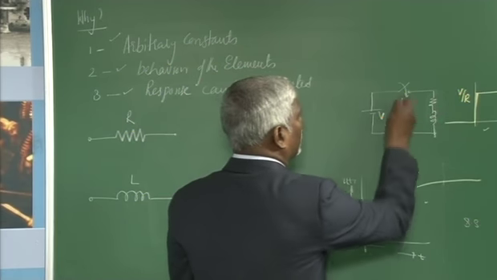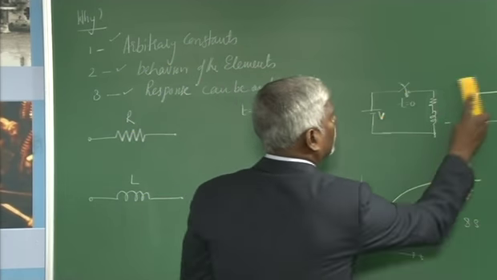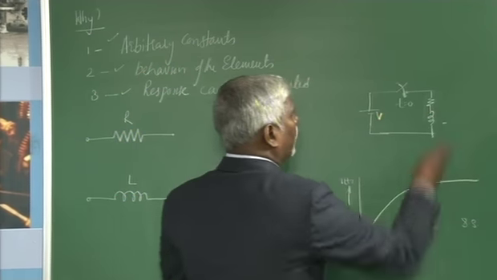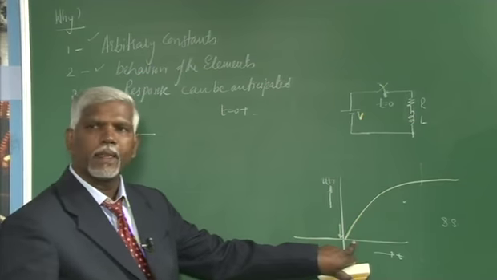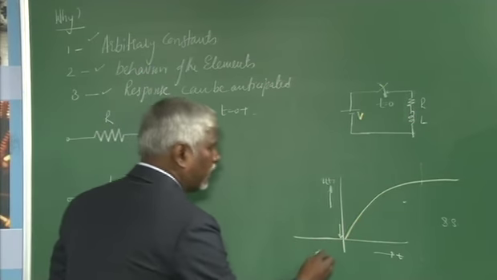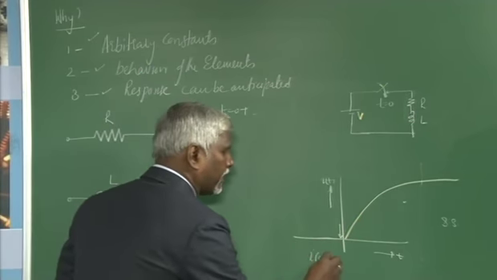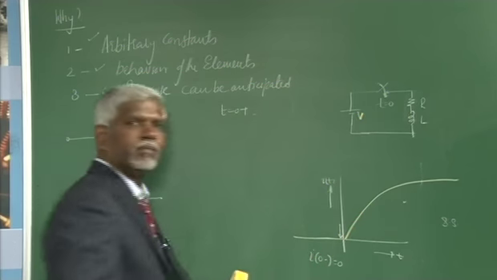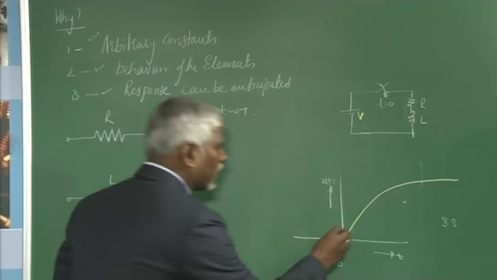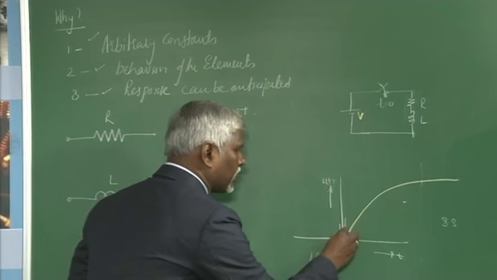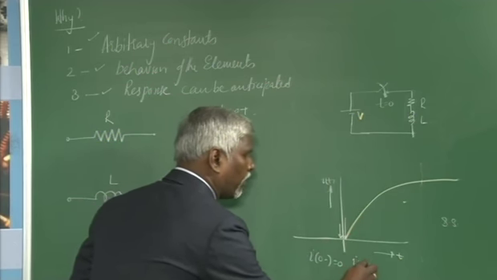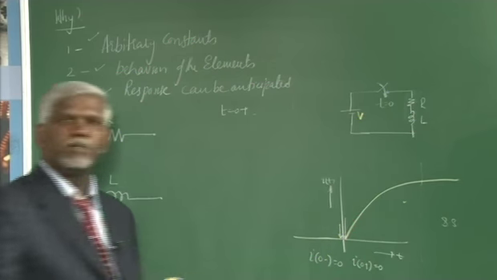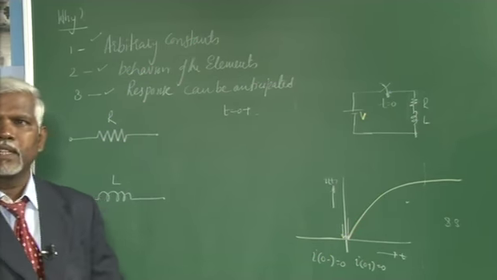Say for example, instead of R, I have an RL circuit and the switch is closed at t equal to 0. If it is an RL circuit, the response will be like this. The current at t equal to 0 minus is 0. The current immediately after the switch is closed is also 0. I at 0 plus is also 0. Kindly understand this.